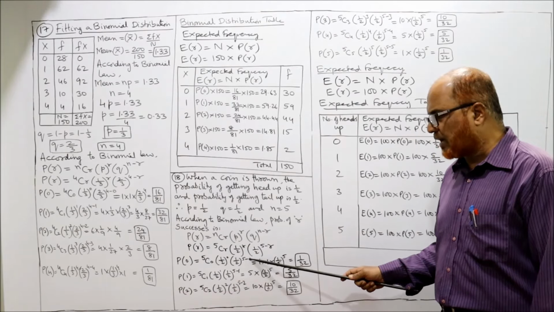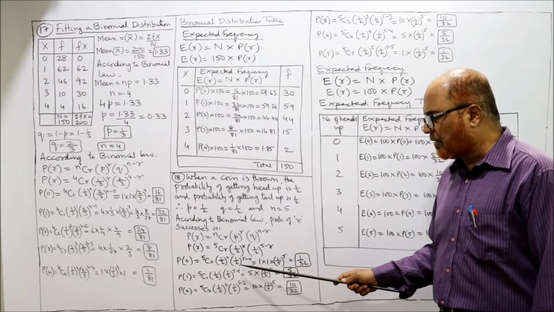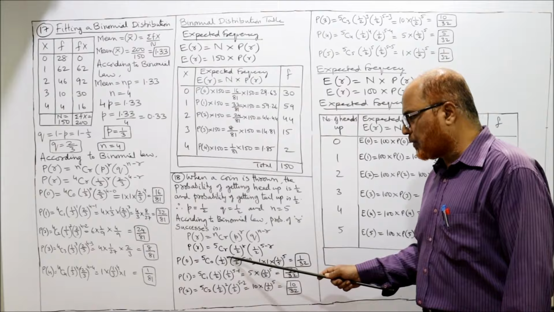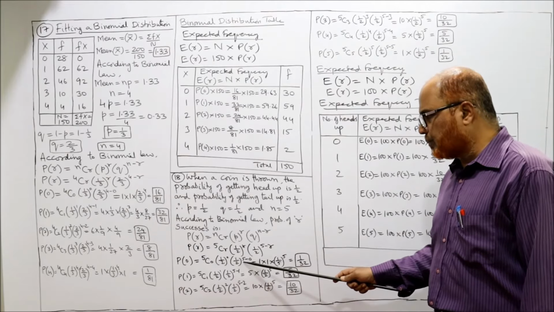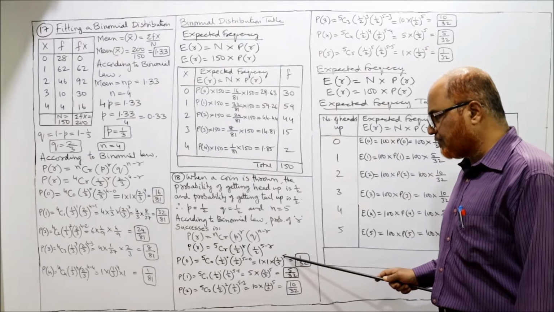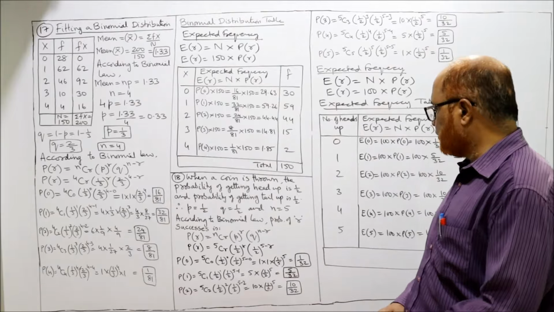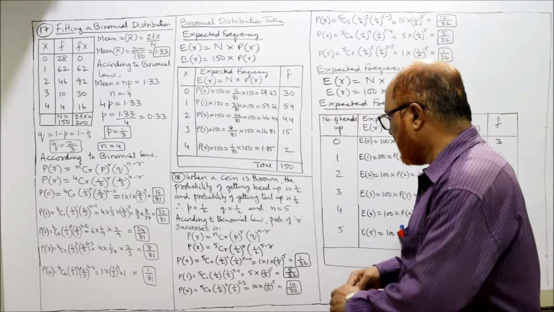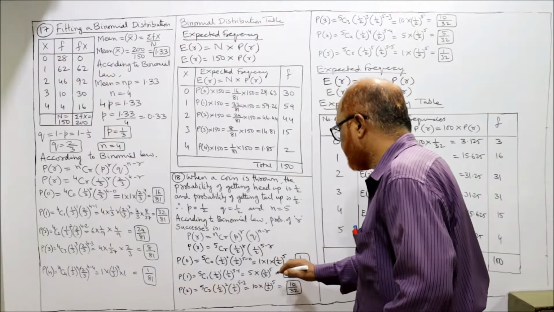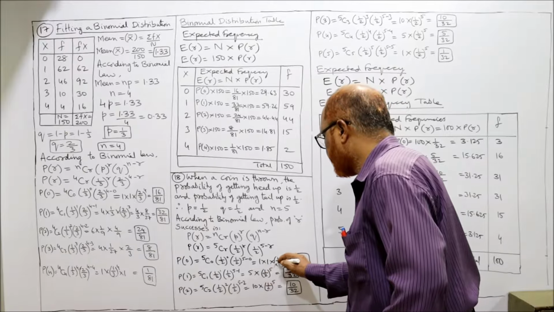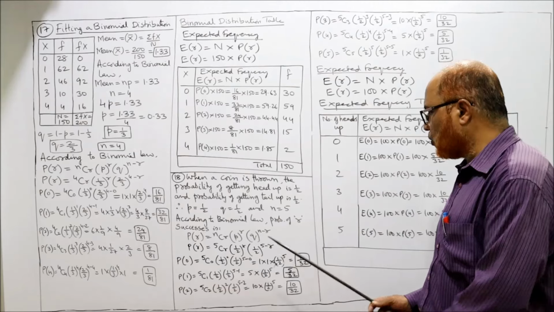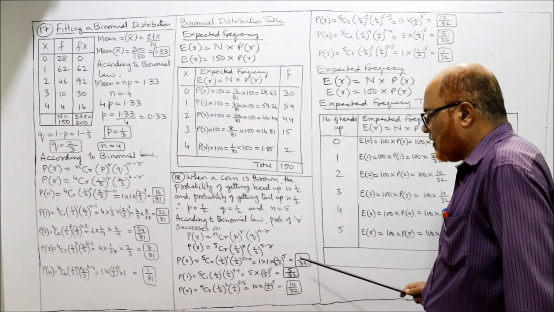When bases are same, powers can be added. 5C0 is 1, half to the power of 0 is also 1, and half to the power of 5 is 1 by 2 to the power of 5, which is 1 by 32. So we got P(0) = 1 by 32.